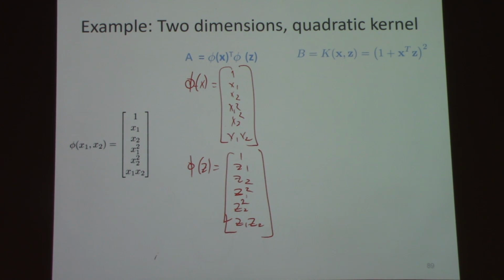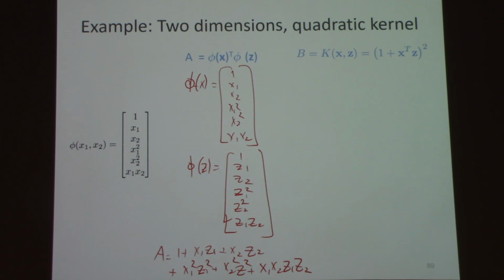So what is the value of A? A is 1 plus x1 z1 plus x2 z2 plus x1 square z1 square plus x2 square z2 square plus x1 x2 z1 z2. No magic here.